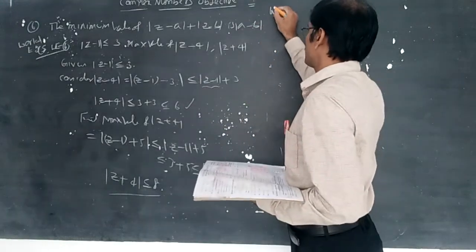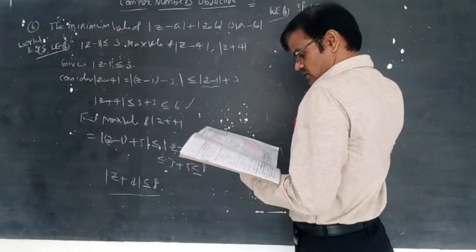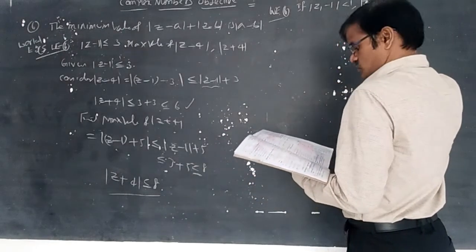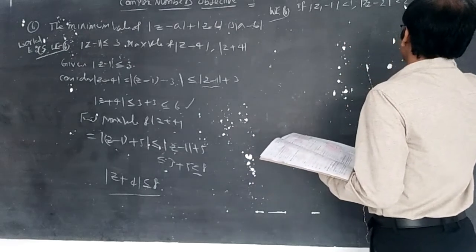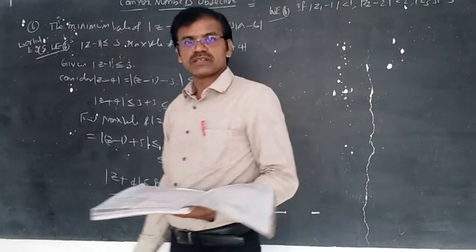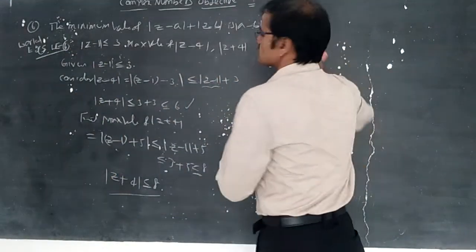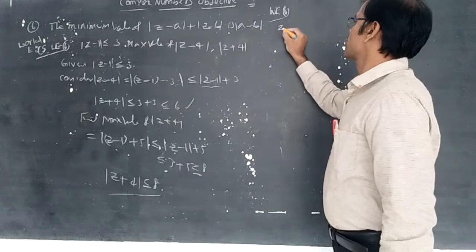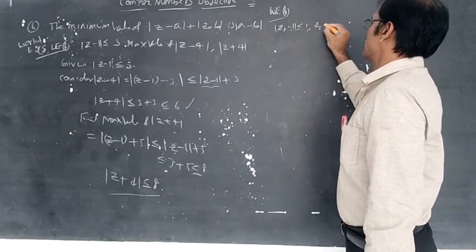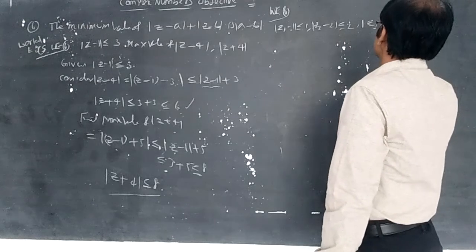Now worked example 6. If modulus of z1 minus 1 is less than or equal to 1, modulus of z2 minus 2 is less than or equal to 2, modulus of z3 minus 3 is less than or equal to 3.